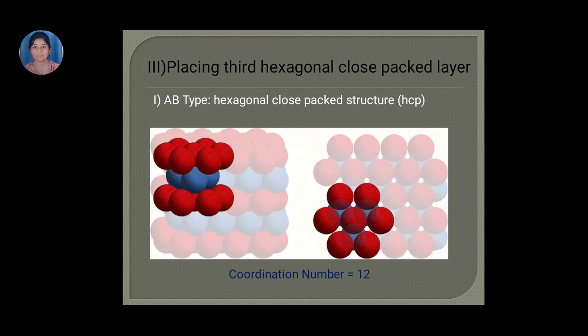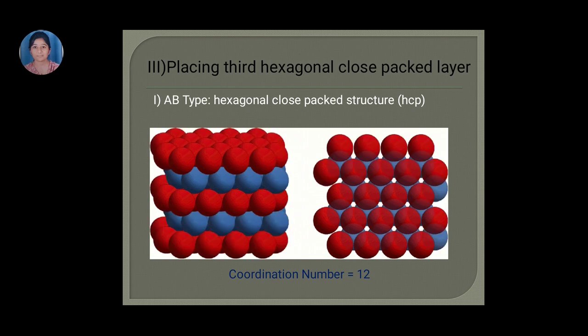Now when such AB type of arrangement occurs, or when two types of atoms, or two ways of arrangement overlap one above the other, we get the hexagonal close packed structure, that is also called HCP.